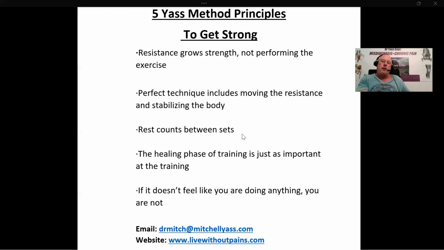Again, I don't think people understand this, and you would have to have some understanding of physiology to understand this. Rest counts between sets. Another thing I see is people in the gym do a set and wait 20, 30 seconds, then try another set, wait 20, 30 seconds, and do another set. I feel like they're not focused.